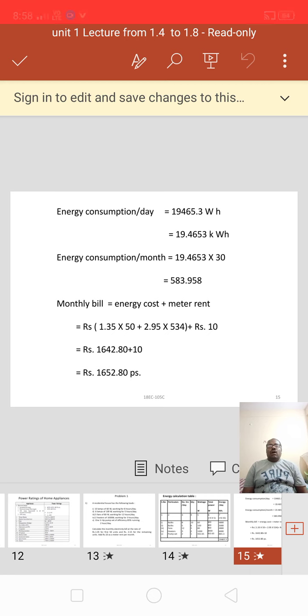By adding all the appliances' values we get 19465.3 watt hours. Converting into kilowatt hours, energy consumption per day is equal to 19.4653 kilowatt hours.